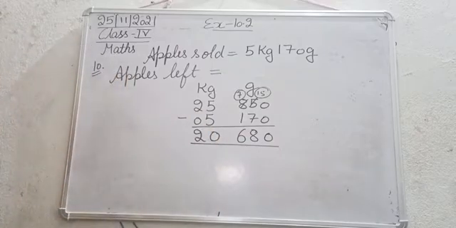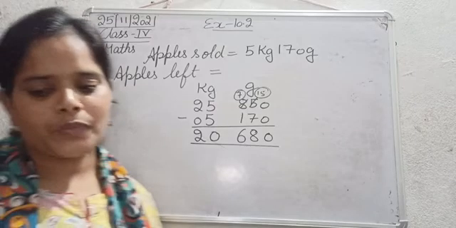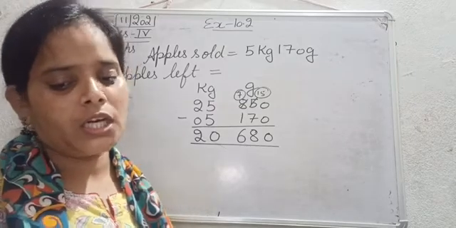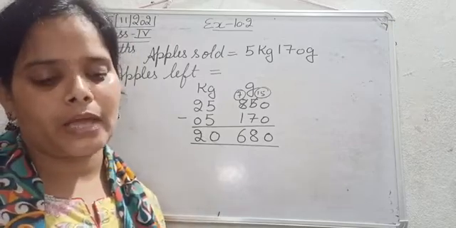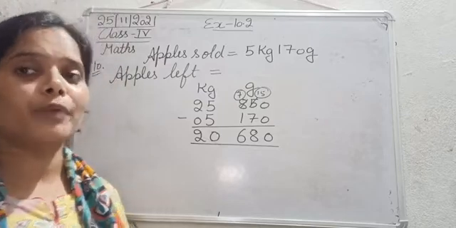So this is the quantity of apples that is being left. So the question was, how much apples are left with her? Therefore, 20 kg 680 gram apples are left with Sunita.